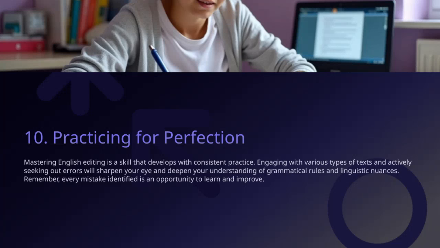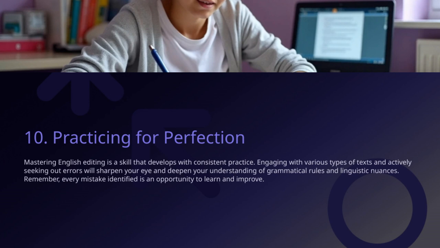Mastering English editing is really about consistent practice. The more you engage with different types of texts, the more your skills will improve. Actively seeking out errors in your writing or others helps sharpen your eye for detail. It's also a great way to deepen your understanding of grammatical rules and linguistic nuances that might otherwise seem complex.